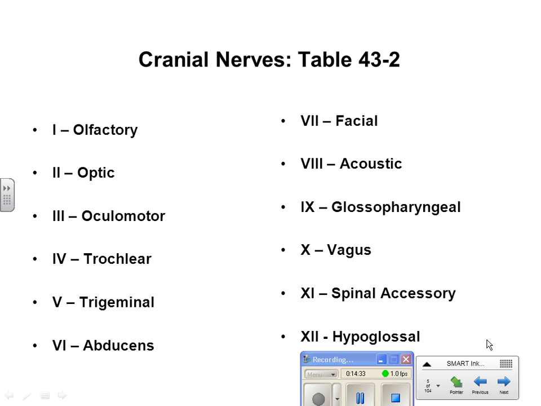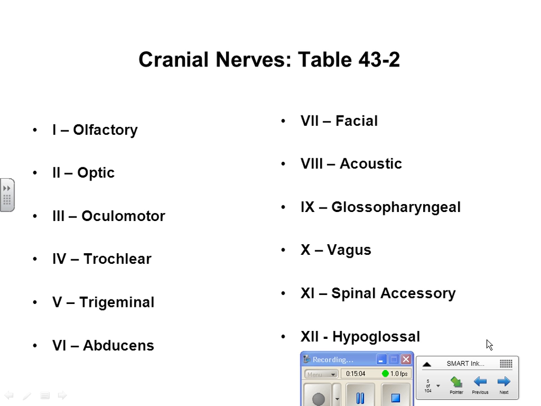However you decide to learn these, I can't guarantee that the NCLEX will not just put up either the name or the number and expect you to know what they're talking about. So for my exam, learn it whatever way you want in terms of number or name and what it does. But for the NCLEX, make sure that you know both, because I don't know what they're going to do in terms of their questions.